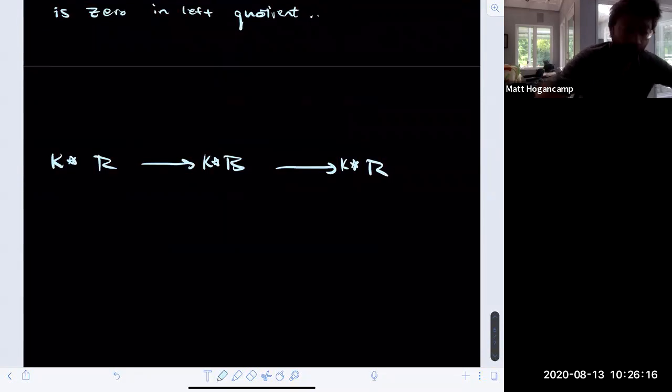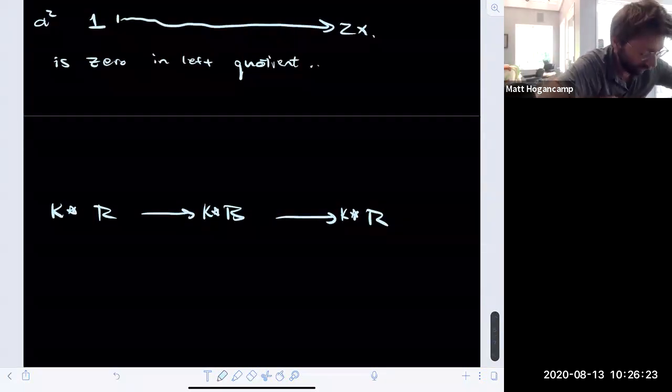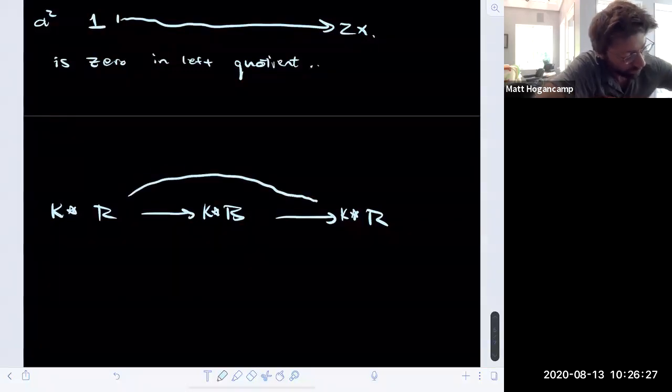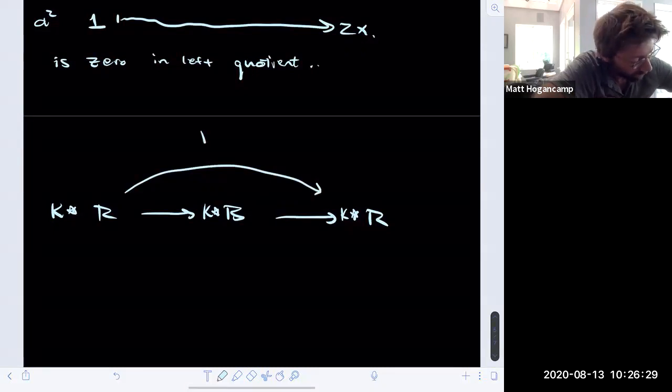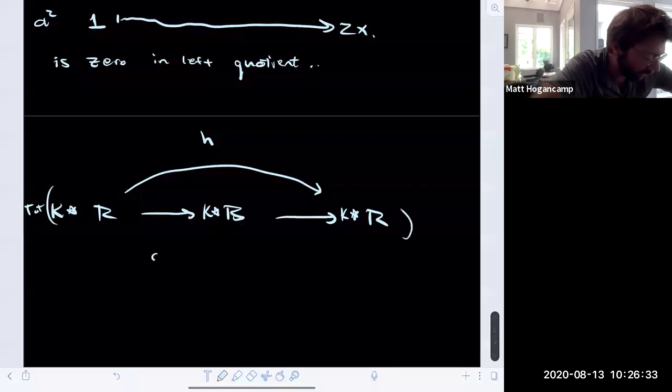D squared was a positive degree polynomial acting on the left, and such things are killed by tensoring with K. So there's an extra term you can add to the differential that makes the total complex actually a complex, and this defines an object inside LM.